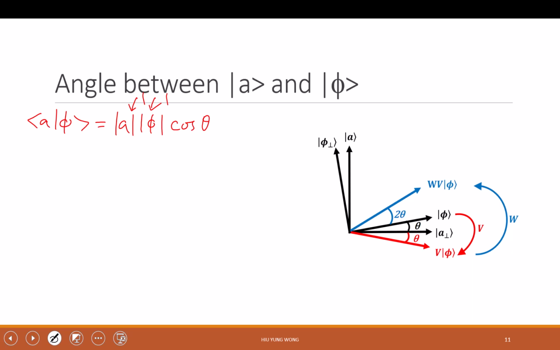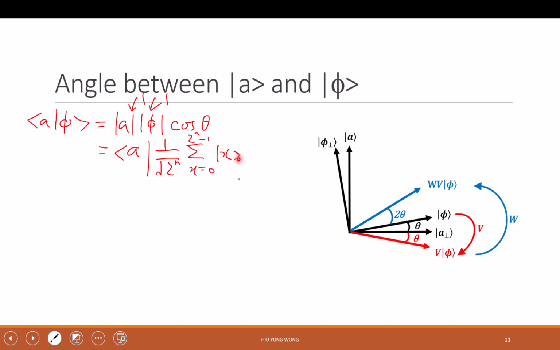Right? But this also equals to what? A inner product of 1 over square root 2^n, summation x equal to 0 to 2^n minus 1 of x. Because this is the definition of phi. Are you okay with this? A inner product with phi is just A inner product with the superposition of x from 0 to 2^n minus 1.